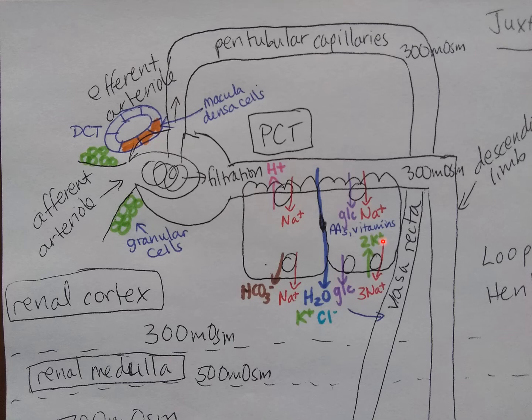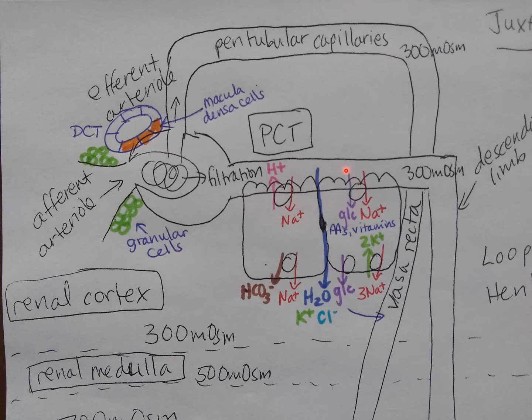So by pumping the sodium out of the cell, we're going to keep the sodium low inside the cell. So that allows sodium to move from the filtrate, where we have a lot of it, into the epithelial cell, and we're just going to go down the gradient there.